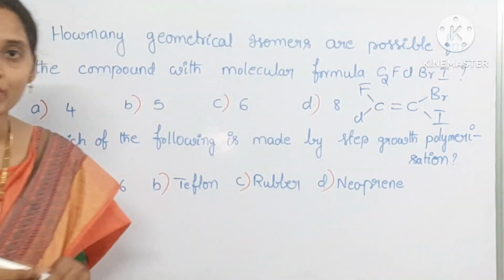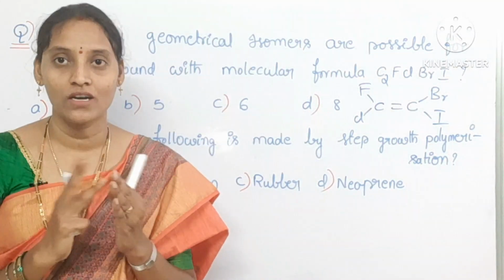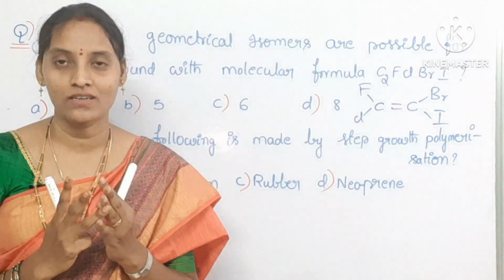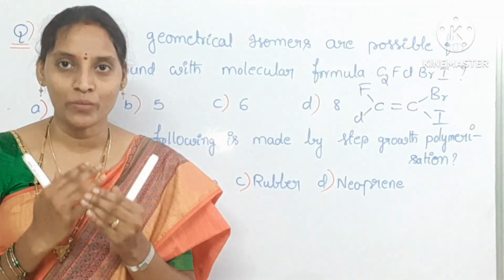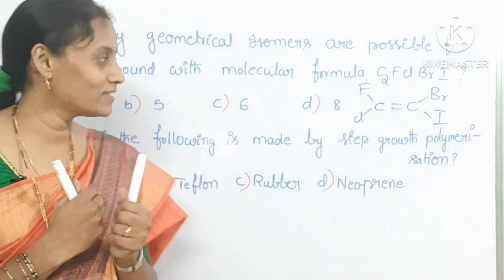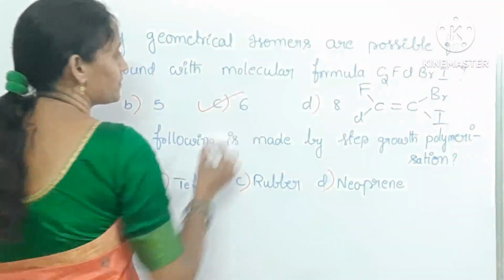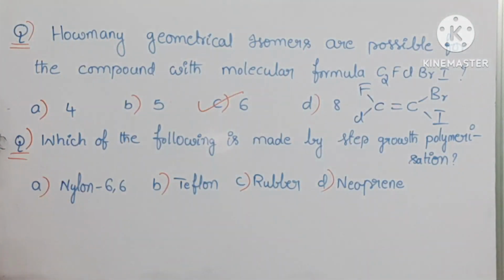Since there is a carbon double bond, the rotation between the two carbon atoms is restricted, so it will show only geometrical isomerism. That is the reason it can show 6 possible geometrical isomers. That is the answer for that question.